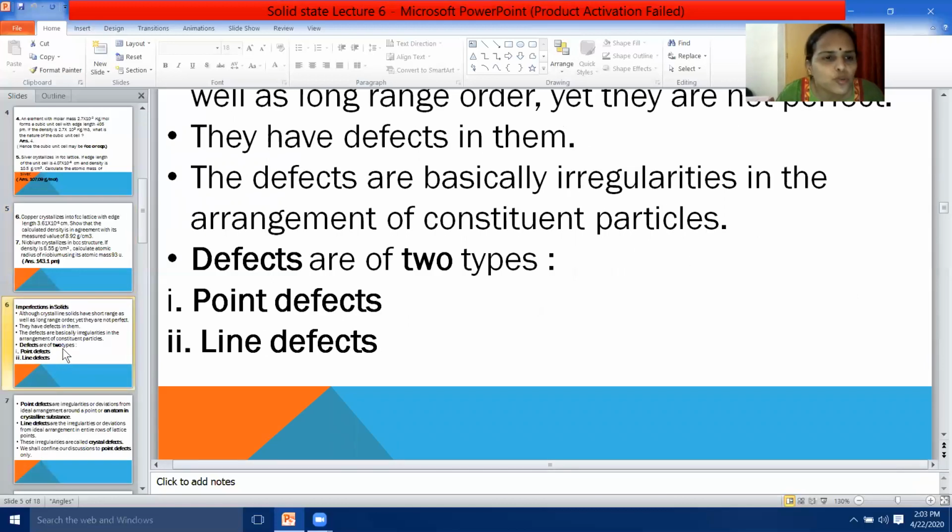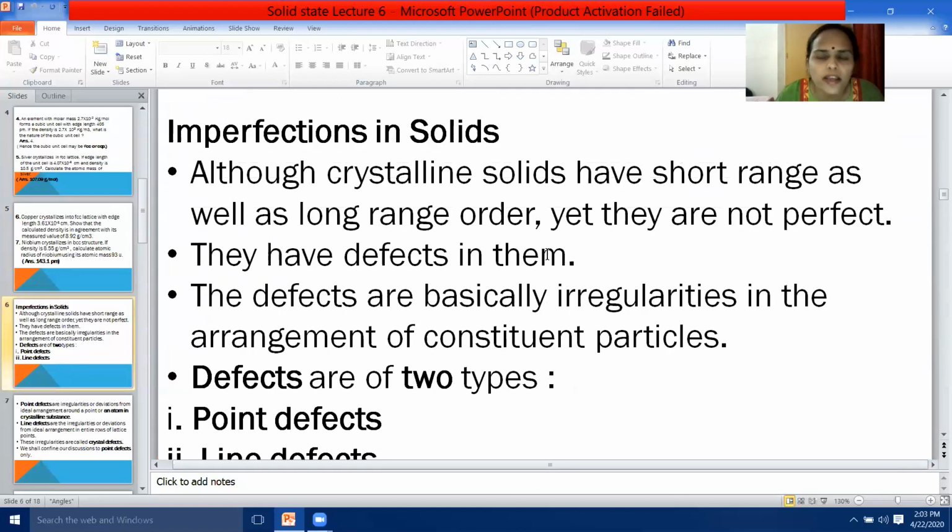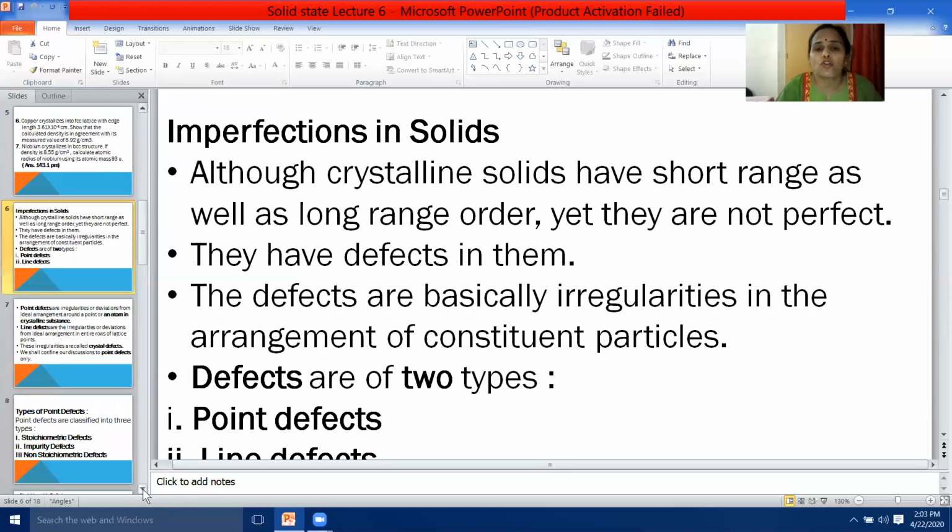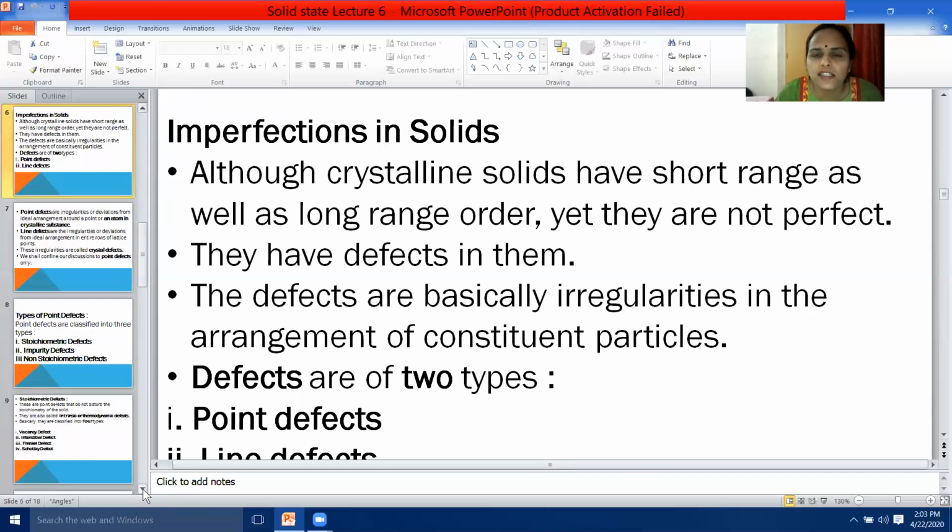Now let us come to the next topic, a very important topic of this chapter, that is imperfections in solids. Imperfections in solids are basically the defects which are seen in solids.